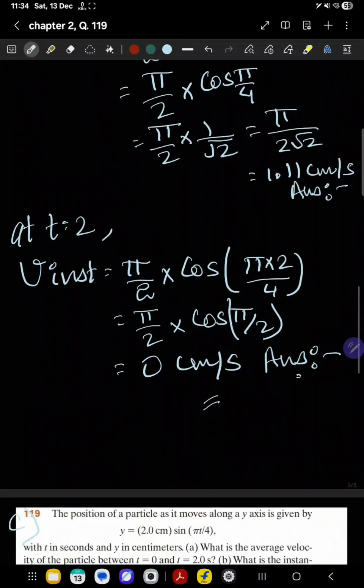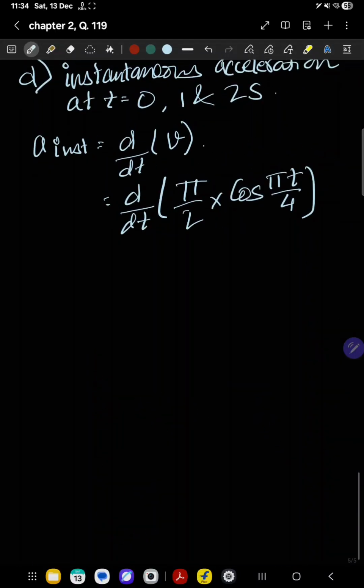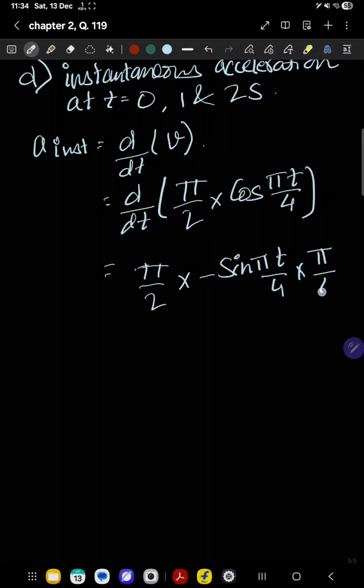Yeah, I think we are right. Now differentiating it, we will get pi by 2 times minus sine pi t by 4 into pi by 4. So we will get minus pi square by 8 sine pi t by 4 as our instantaneous acceleration.